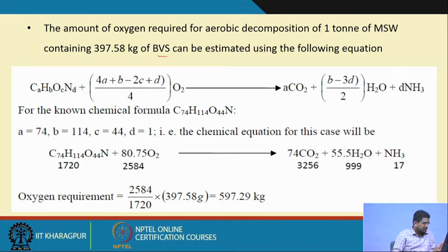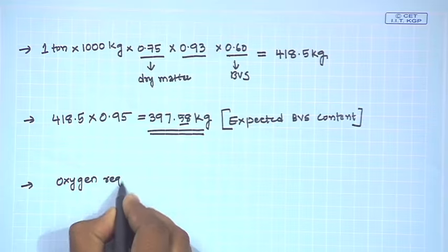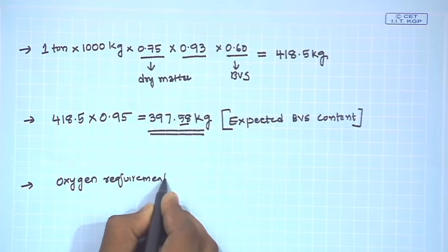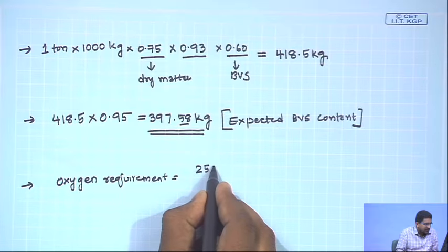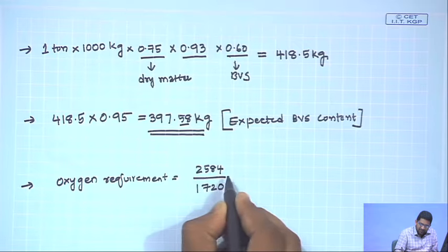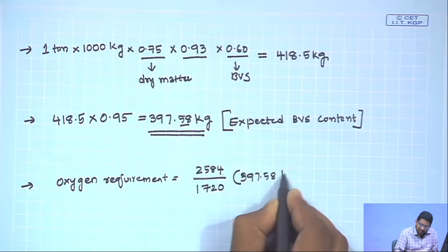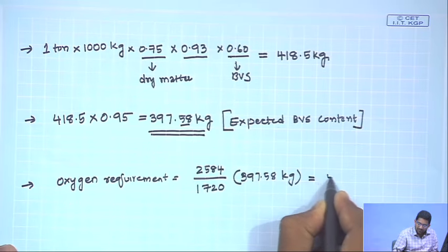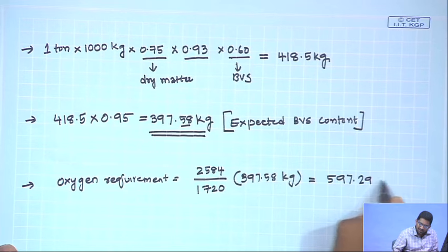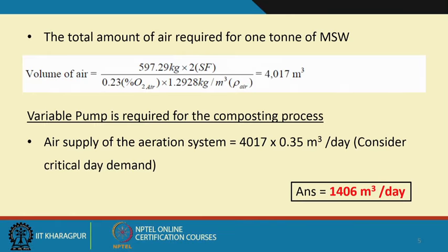Now the oxygen requirement is equal to 2584 divided by 1720 into 397.58 kg, which is equal to 597.29 kg. So we require 597.29 kg of oxygen.